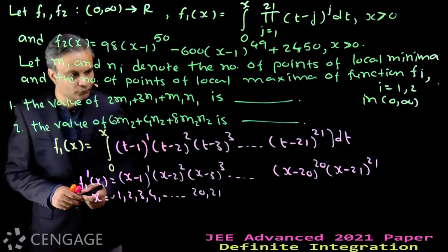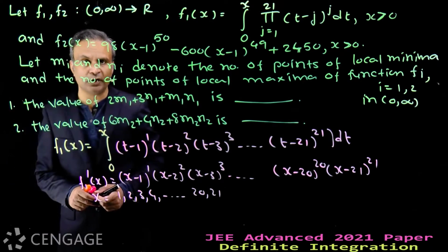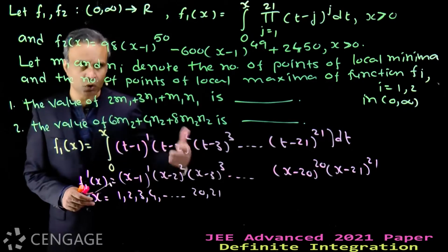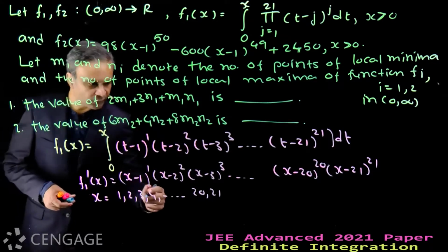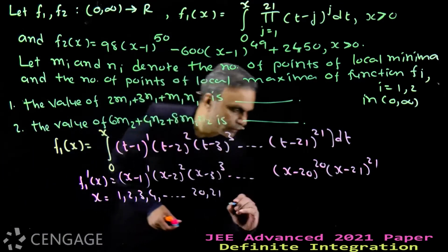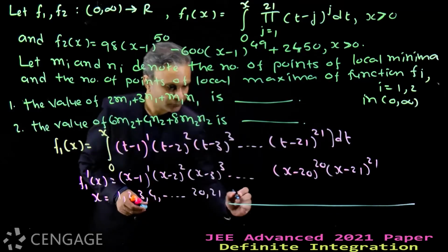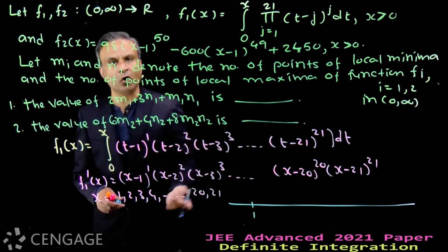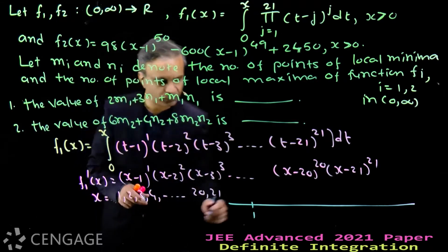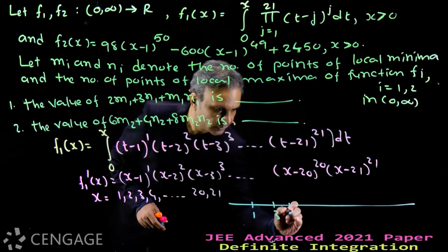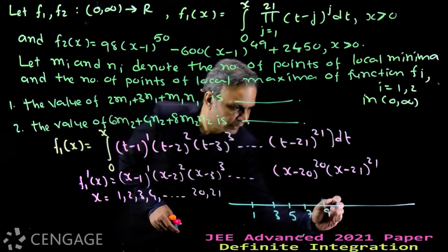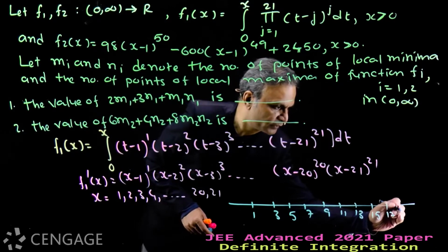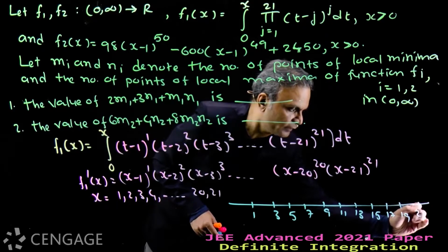Sign will change at the critical point for which the corresponding factor has odd power. Okay, so we will consider only these numbers, the factors having odd powers. So critical points will be 1, 3, 5, 7, 9, 11, 13, 15, 17, 19 and 21.